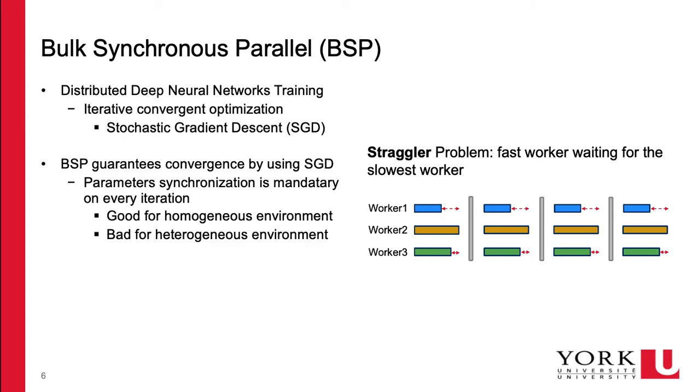That is, all workers have to wait for each other until the server aggregates all the gradients and updates the weights, and sets the new weights to each of them. Then they can proceed to the next iteration. That triggers a straggler problem. Say in here, worker 2 is the straggler. It takes longer than worker 1 and worker 3.